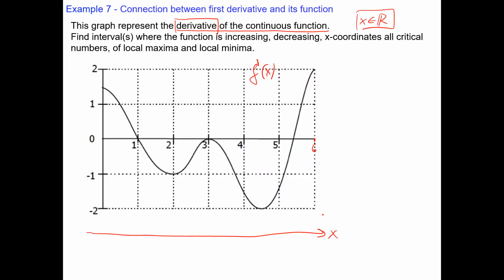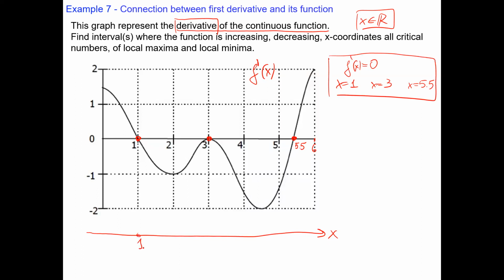Yeah, do not jump to this question right away. Let's look at this. This derivative is defined everywhere. Yes, the derivative is 0 at 1, 3, and let's say 5.5. That means if the derivative is 0, if x is 1, 3, and 5.5, those are the critical numbers.